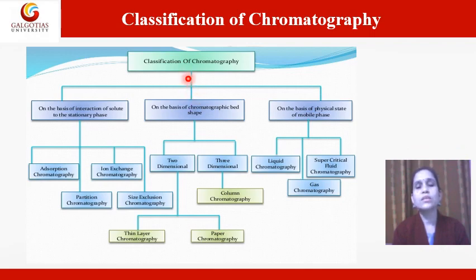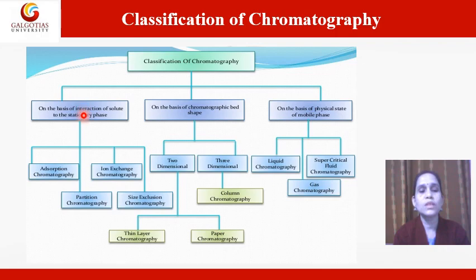Let us discuss the classification of chromatography. How is chromatography classified into different types? There are three different bases on which chromatography is classified. First is on the basis of interaction of solute to the stationary phase.